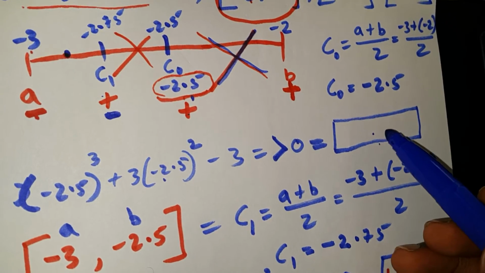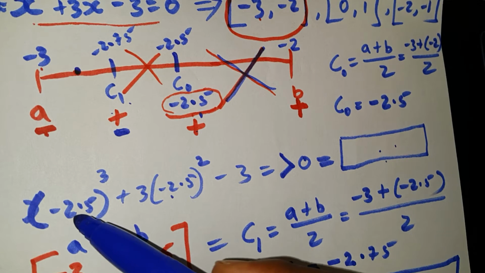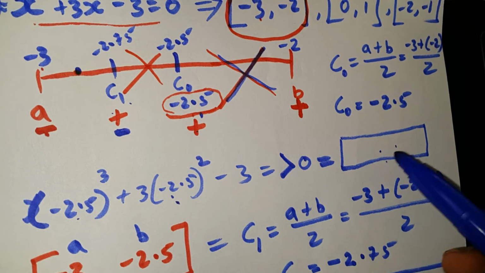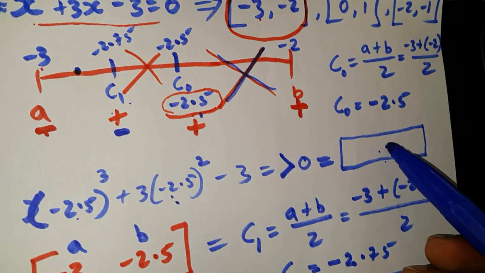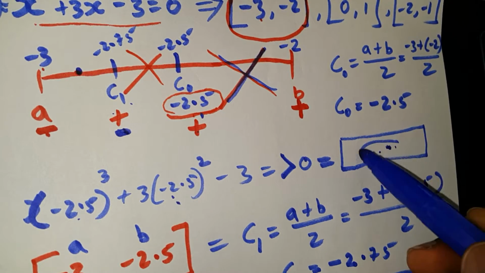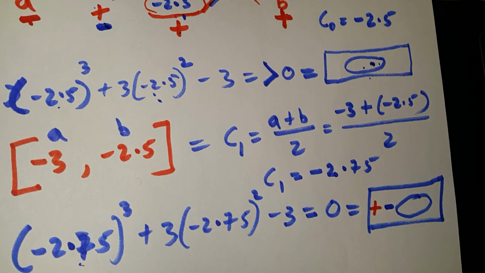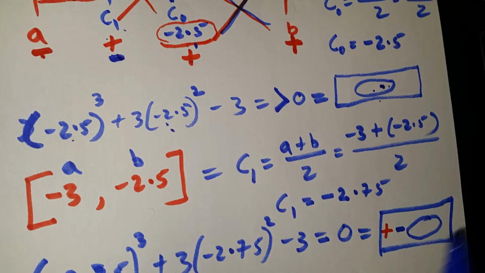The values you get when you put C into your function, the ones you take the signs from, it is always the error value. We call it the error value.